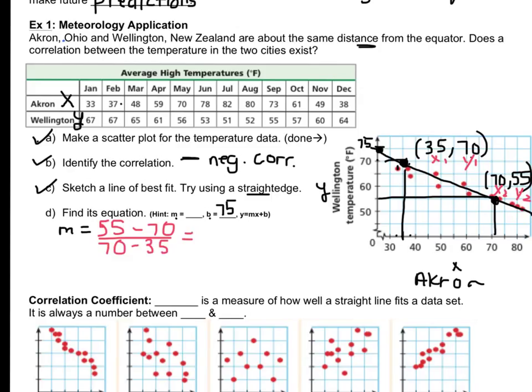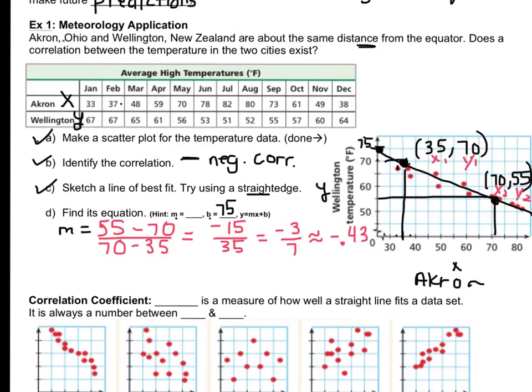So on top, we're going to get negative 15, and on the bottom, we will get positive 35. We could reduce that and say it's about negative 3/7, or you could even turn it into a decimal, which rounds to about negative 0.43.